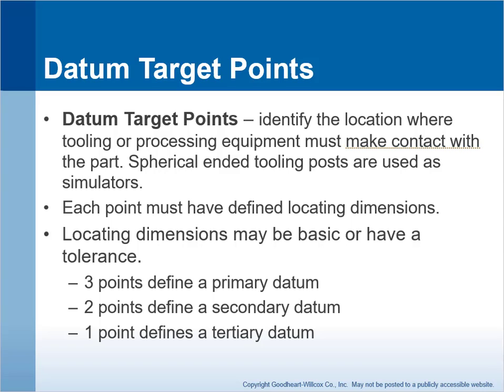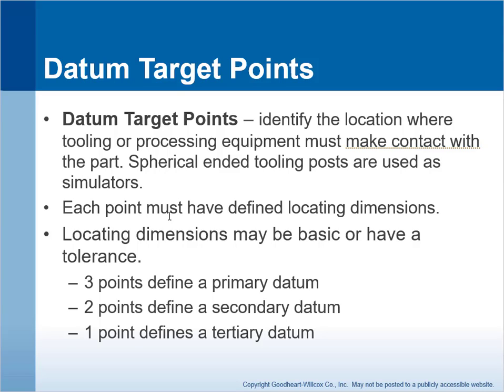We also use it in inspection media. Spherical ended tooling points are used as simulators. So if you had a 3-point contact on a surface, you would design bullet nosed tooling pieces to contact the part at those 3 points.